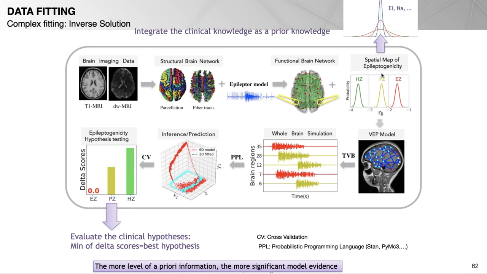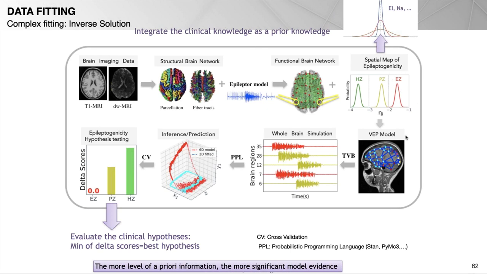This light green or yellow is the propagation zone, and HZ is the LC region. So you see, the LC region will be far from the bifurcation, so far from this critical point where I'm triggering seizures. The propagation zone is close to these bifurcations, and EZ is above.